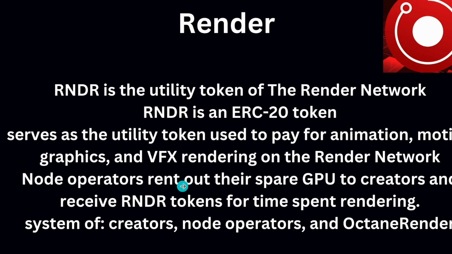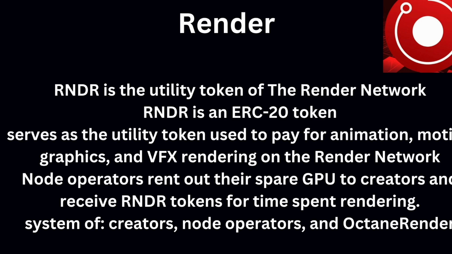So Render, if you guys don't already know, is an ERC20 token off the Ethereum network. However, it has migrated to Solana, so now it's utilizing Solana's tech and Solana's speed. Render is a utility token of the Render network, used to pay for the animations, motion graphics, and VFX rendering on the network.